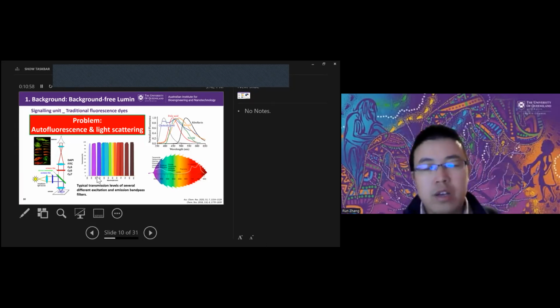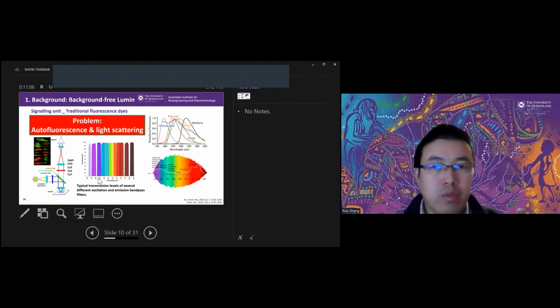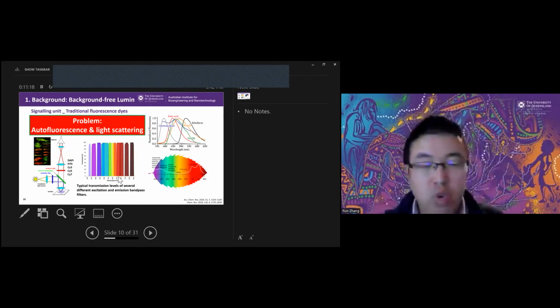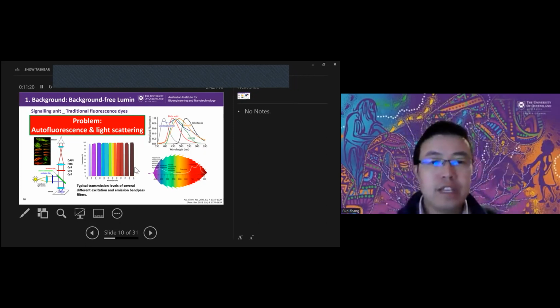So that means the signal we record is from just a very short range of emission wavelength. But the problem is that the autofluorescence background signal can range from the UV to the near-infrared.